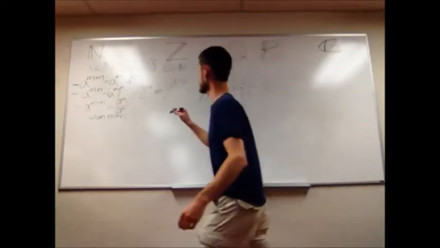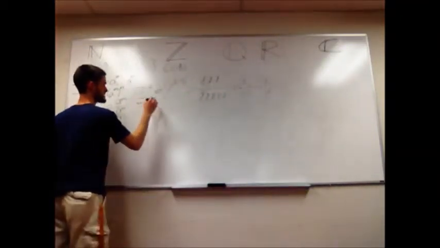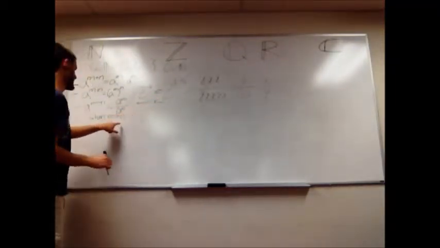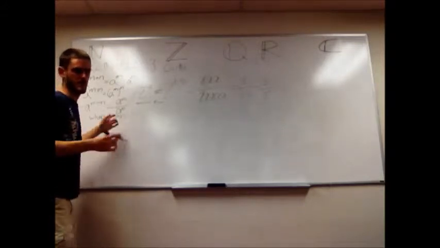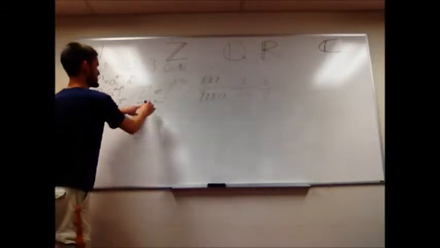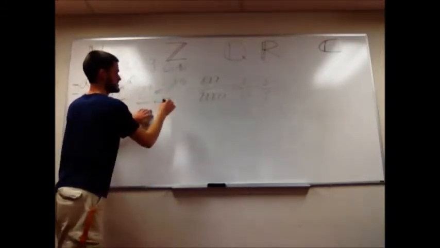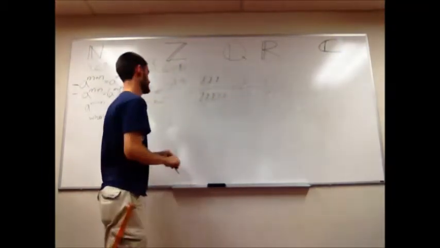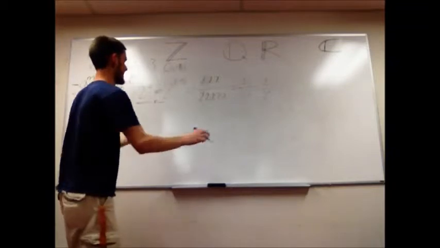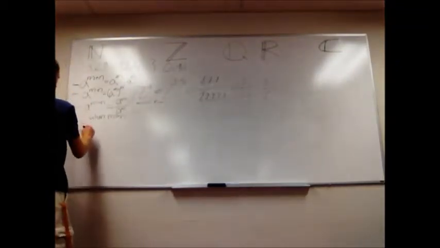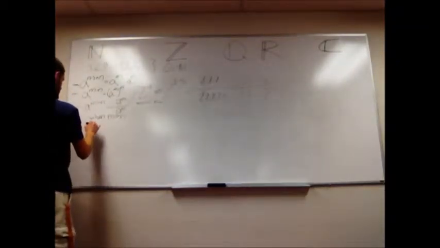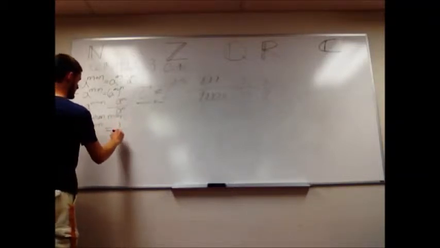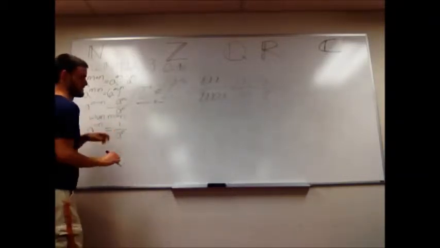So we started with 2 to the negative 2, and we showed, using this property, extended to no matter what m and n are, that 2 to the negative 2 is going to equal 1 over 2 squared. So we're going to add that as a property: a to the negative n is equal to 1 over a to the n.